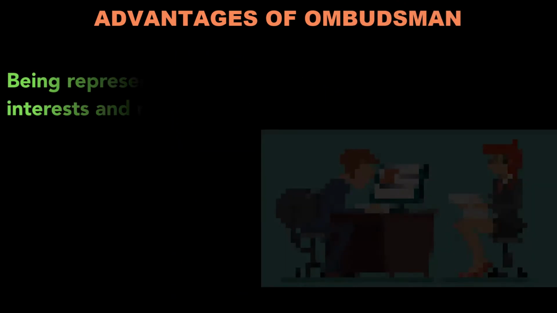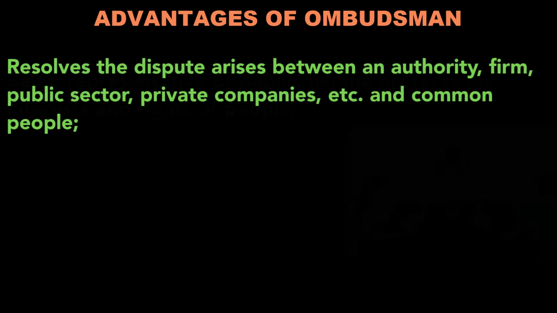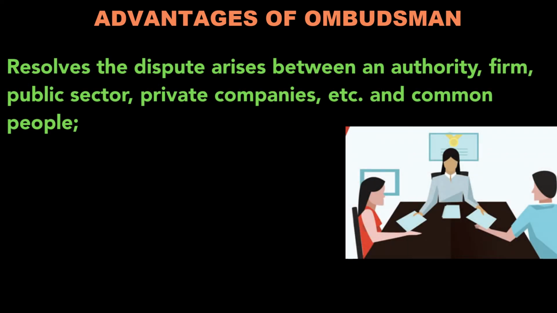Now let's check out some advantages of the ombudsman. The first advantage is that, being a representative of the public, he or she protects the interest and rights of the people. Secondly, it resolves disputes that arise between an authority, firm, public sector or private companies and common people.